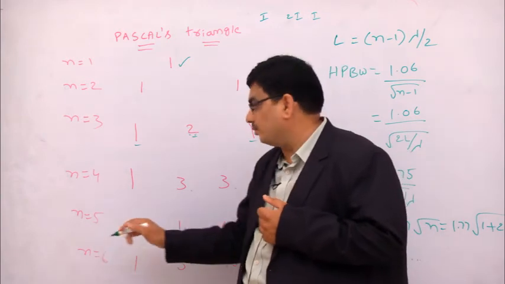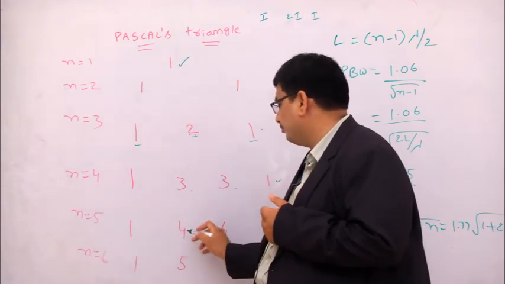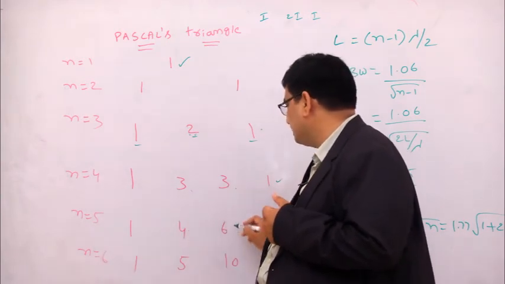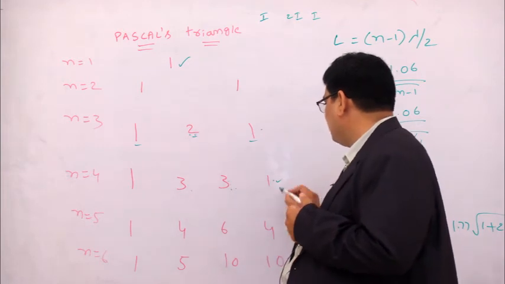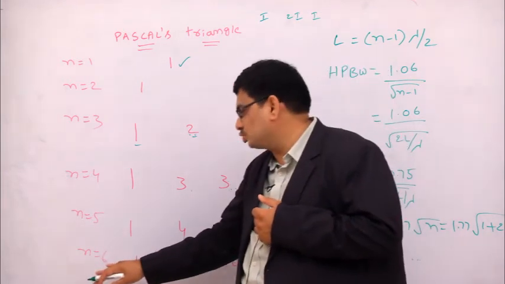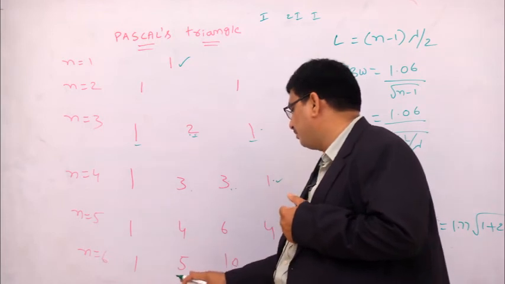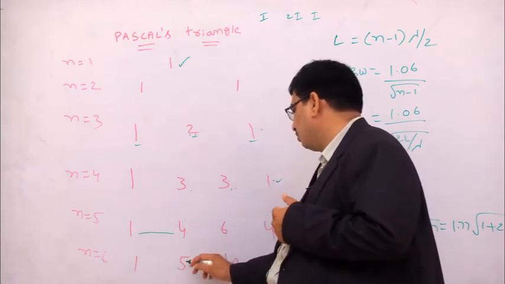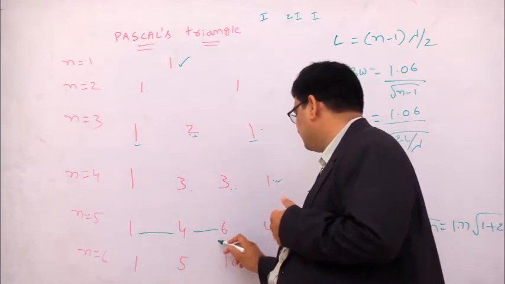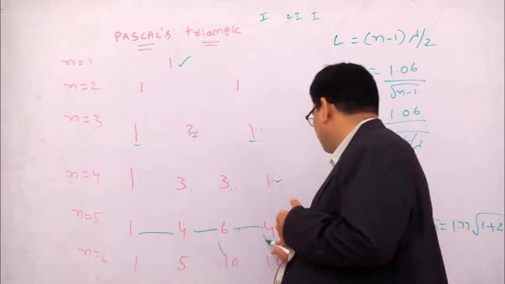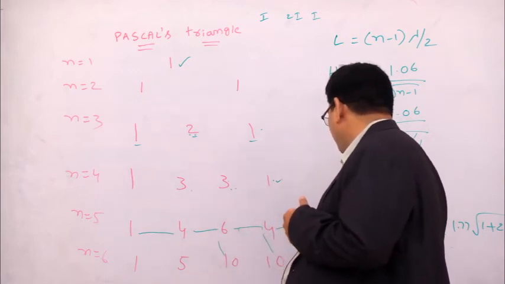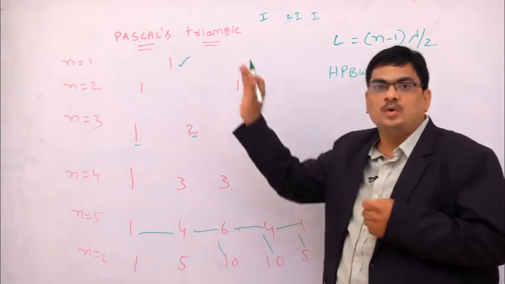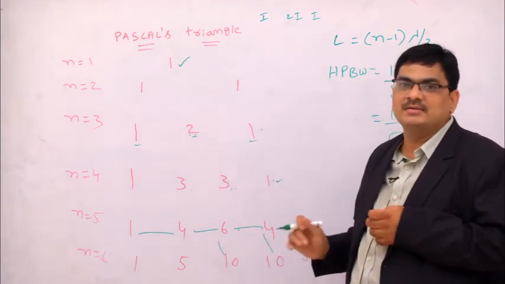For n is equal to 5: 1, 1 plus 3 is 4, 3 plus 3 is 6, 3 plus 1 is 4, and 1. For n is equal to 6: 1, 1 plus 4 is 5, 4 plus 6 is 10, 6 plus 4 is 10, 4 plus 1 is 5, and 1. In this fashion we can arrange our elements.